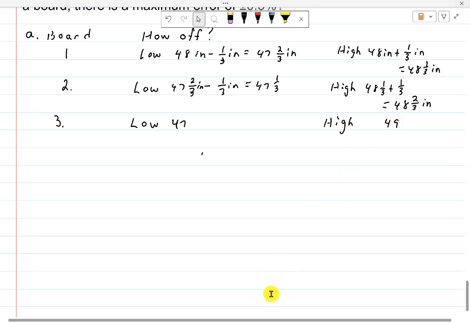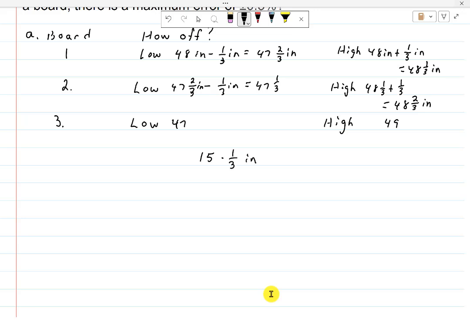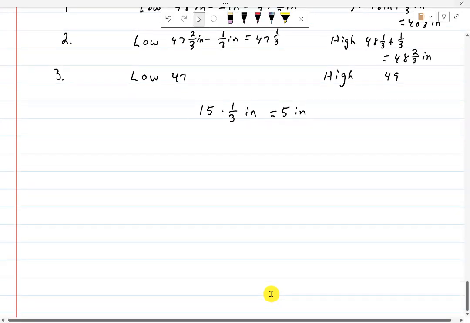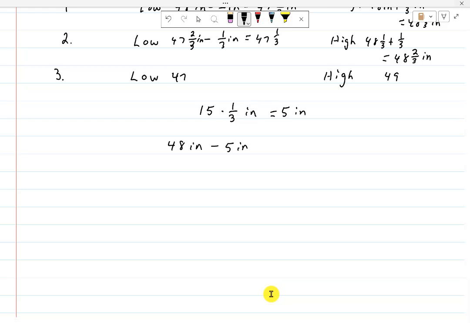For all 15 boards, I could take 15 times 1/3 of an inch and get 5 inches. So if I want a lower estimate for my boards, I can take the length of the board I want, 48 inches, and subtract off 5 inches to give me 43 inches, and that's the lowest possible length of this 15th board.